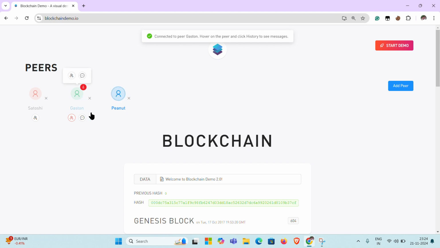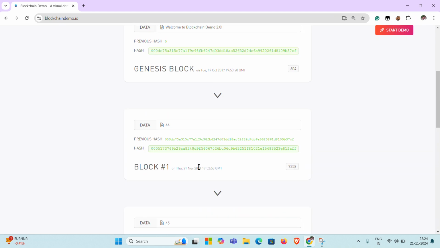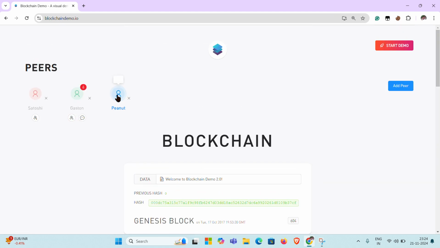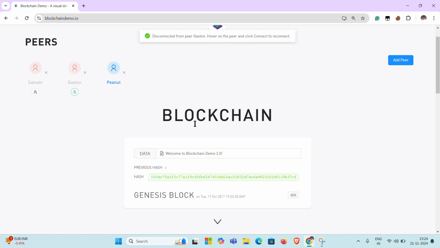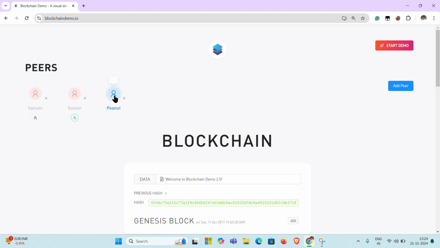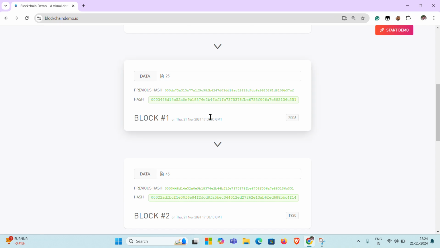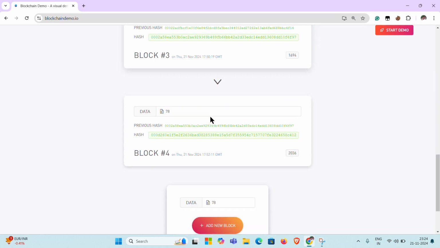Now check the total number of blocks, which is 4. Now check whether the block information is updated or not, you need to observe it: 25, 45, 55, 78, 43.